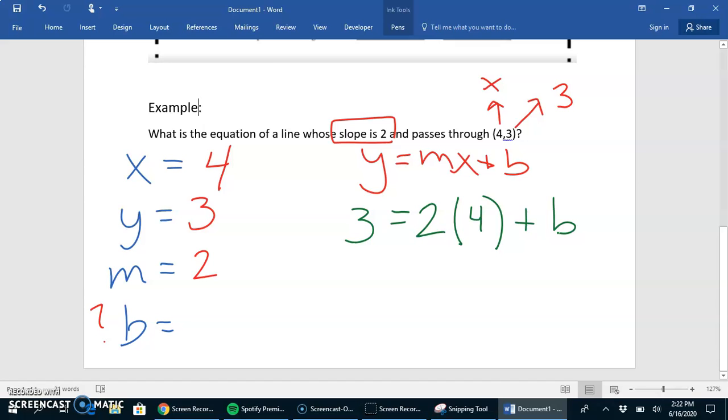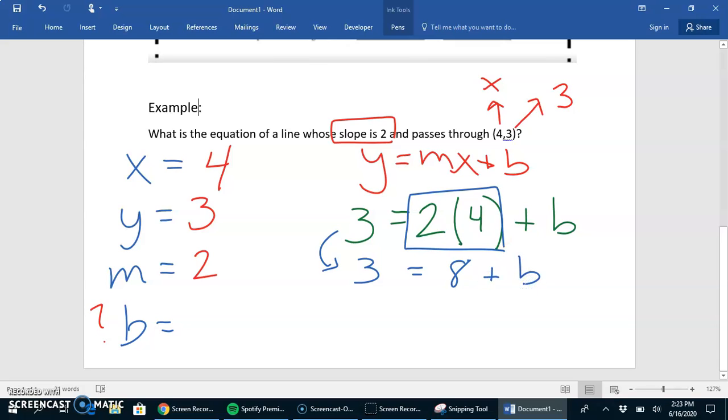Now we have to do some math. I'm into the colors today. So we have to do this math first, and then we're going to use inverse operations to help us isolate the b. So 2 times 4 gives us 8. We're going to bring down our 3, and we're also going to bring down our b for our next line.